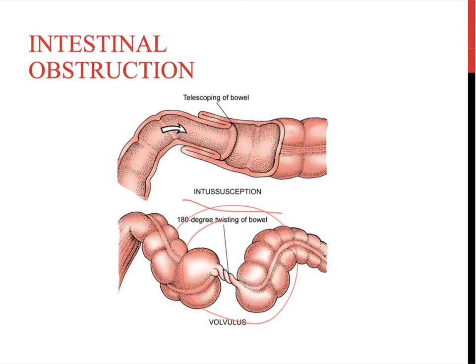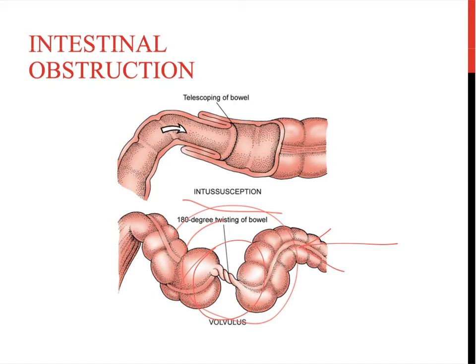If this continues on and the patient is not treated, they can actually become very, very sick. It can lead to necrotic bowel. You can see how this one here, if this stays twisted like this, blood flow to the area is going to be decreased, and they'll end up with a necrotic bowel, which is a very serious situation.